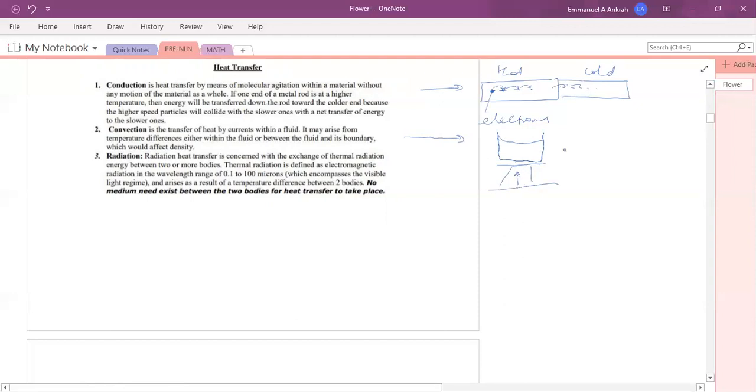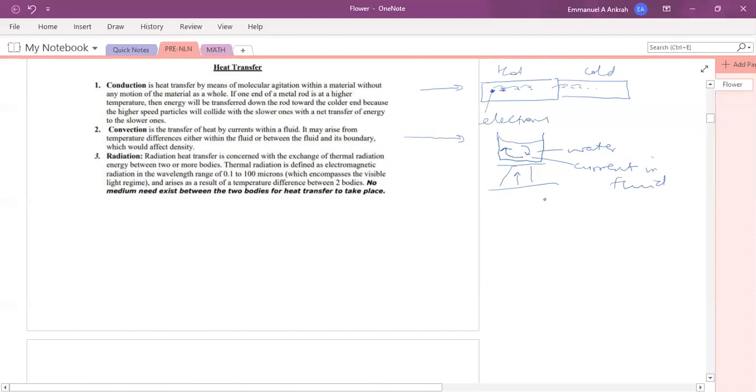What happens is that the lower part of the water warms up, and warm water will always rise, and its place is taken by the colder water. So it creates a current. A current is created in the fluid.